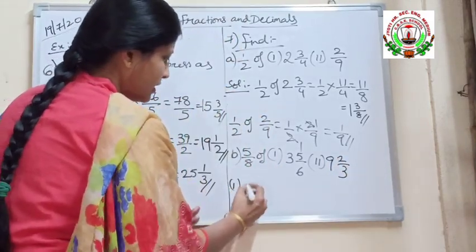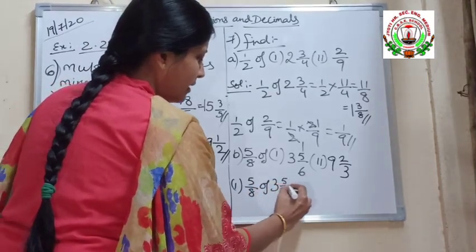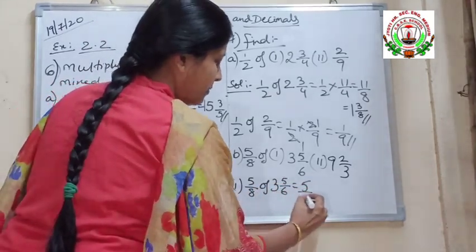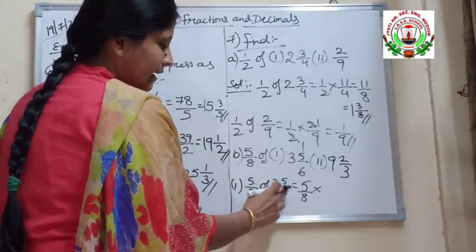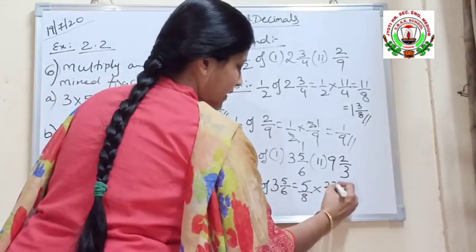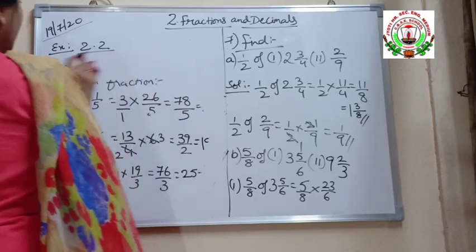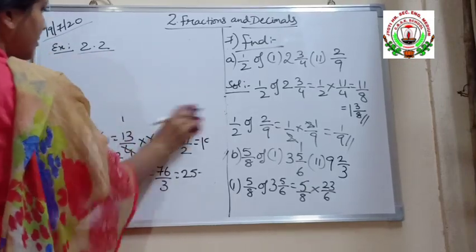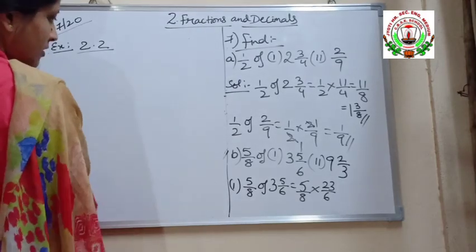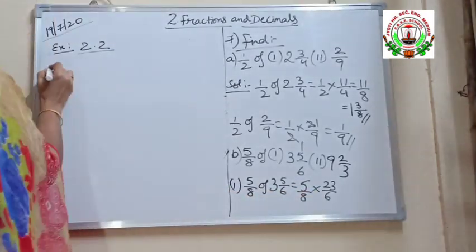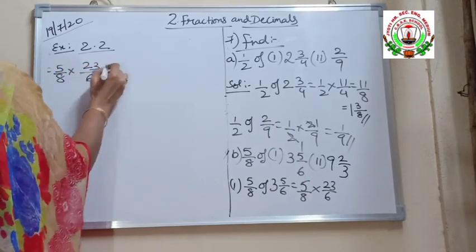So solving the first part, 5 by 8 of 3 5 by 6, that is 5 by 8 into, 3 6s are 18, 18 plus 5 is 23 by 6. See, I got here 5 by 8 into 23 by 6.